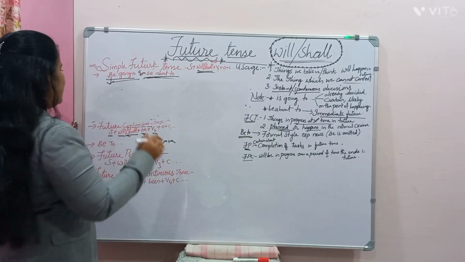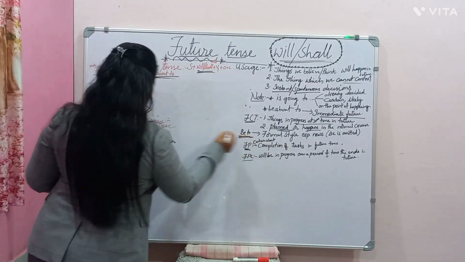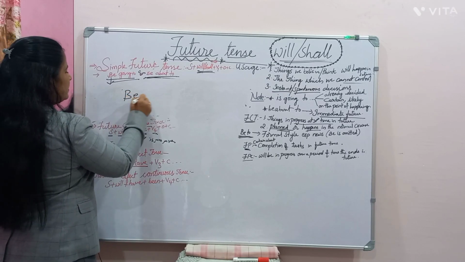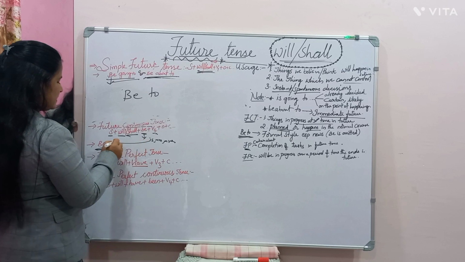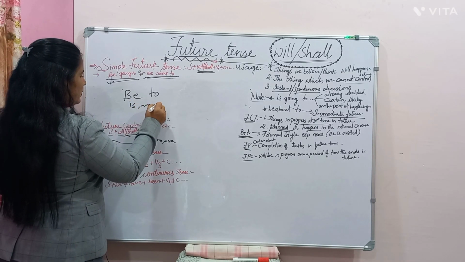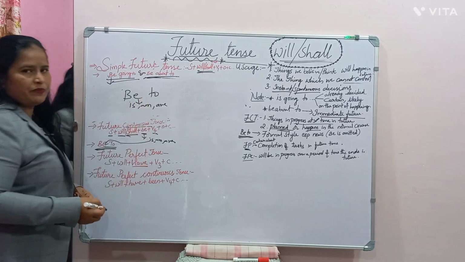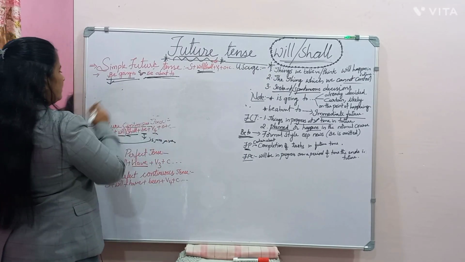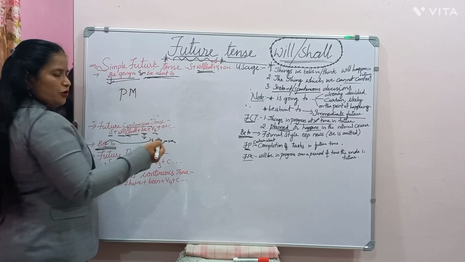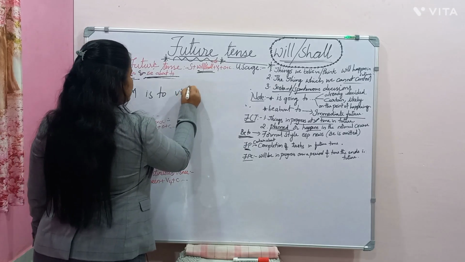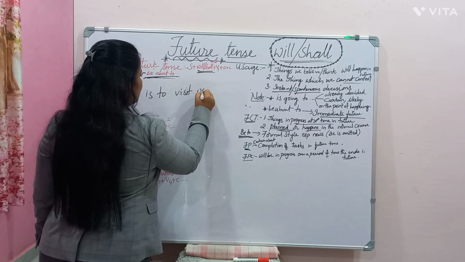For example, B2. What is this B and 2? B, as I told you, is am, is, are. This is the B form. Generally we see, PM is to visit USA next month.